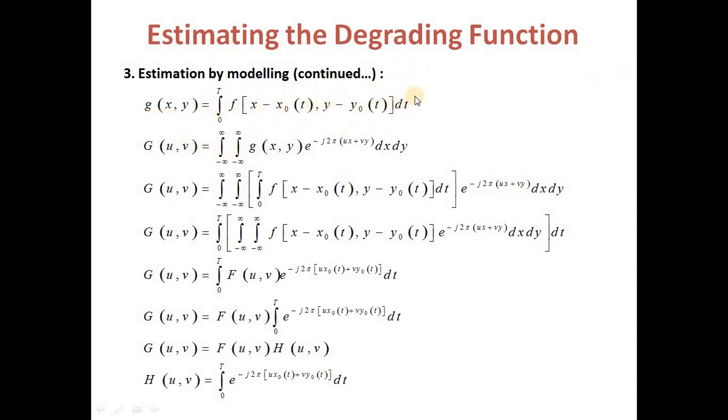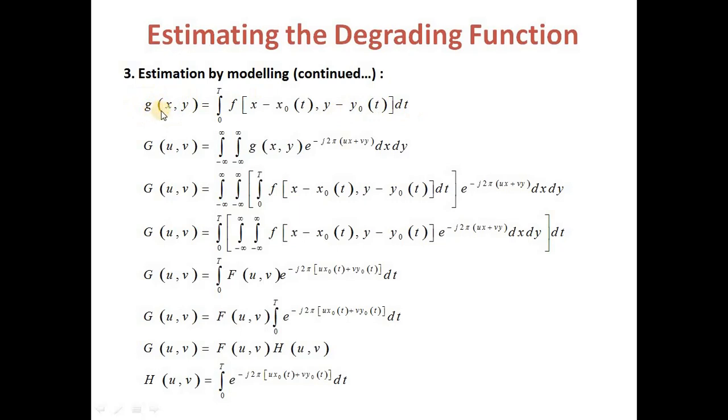This expression models the exposure of the imaging system at the coordinate x comma y while the uniform linear motion is taking place, and hence small g of x comma y is the model for the degraded image.